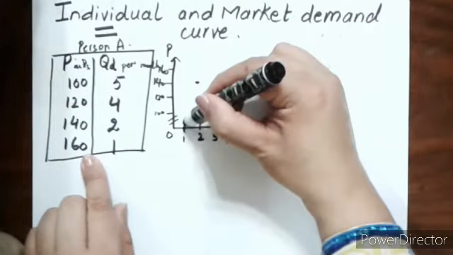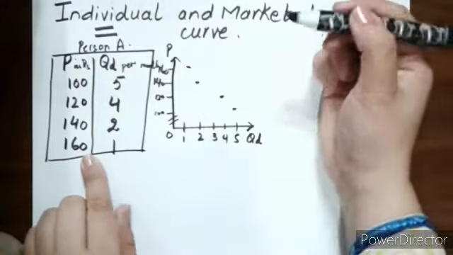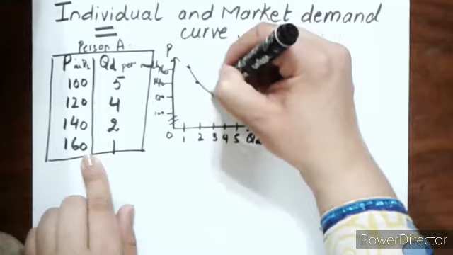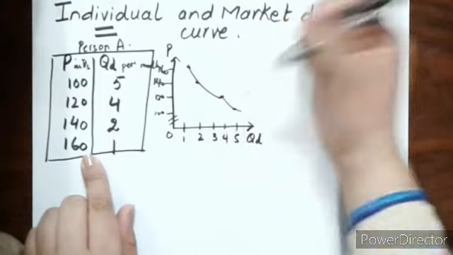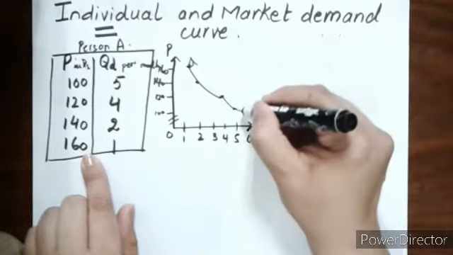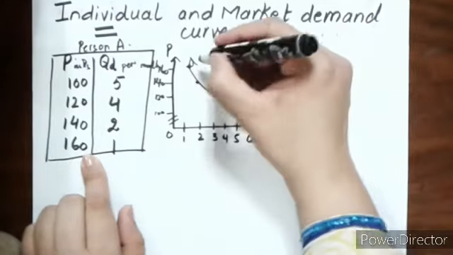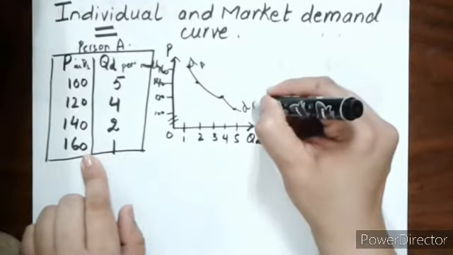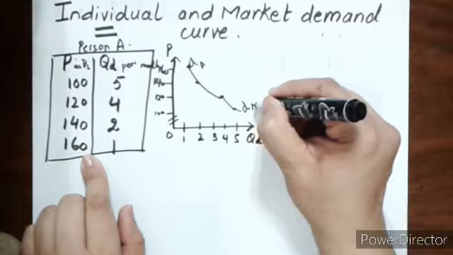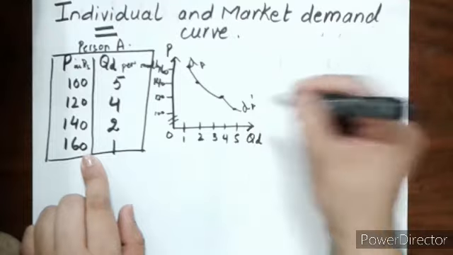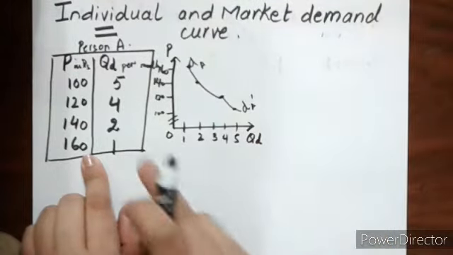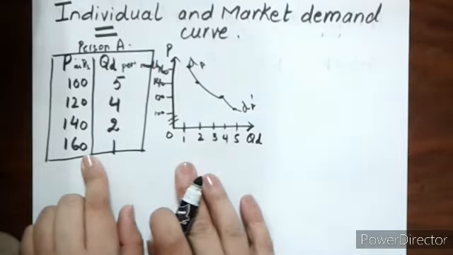At 160, he is demanding 1 shirt. This is the point. So if we join all these points together, we get demand curve for person A. Since we want to show it's a demand curve for person A, you can label it as DA dash. Okay, so this is individual demand curve.